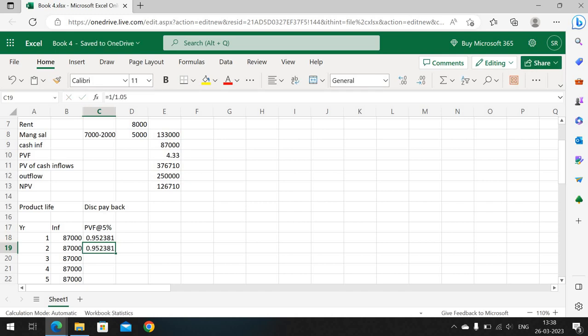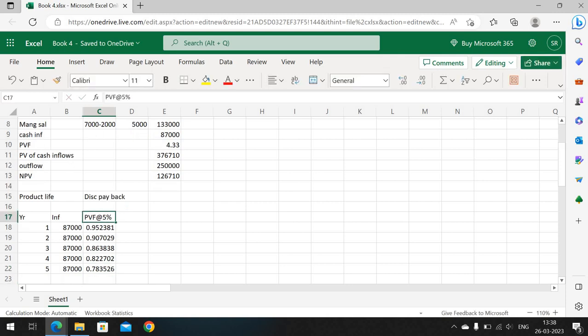For second year, it is to the power of 2. I am rounding it off to 3 decimals, so 0.952, 0.907, 0.864, 0.823, 0.784.